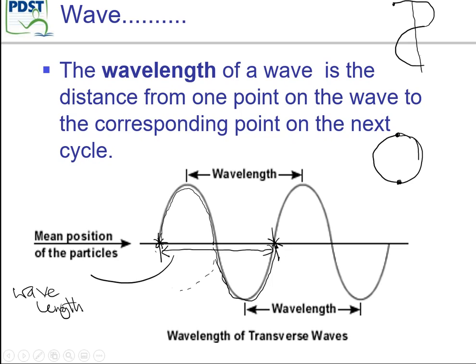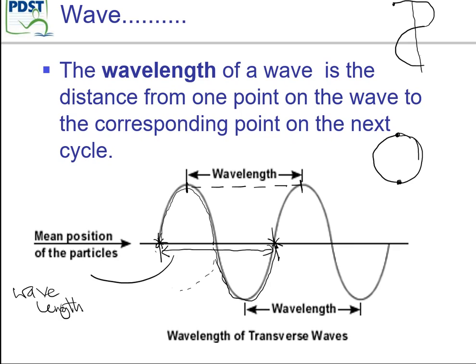So generally, the way we define a wavelength is that it is a distance from one point on the wave to the corresponding point on the next cycle. So if we take this point here, we need to go to the other cycle and find the corresponding point, the point which is exactly the same as the other point on the wave. And you can say, now this is my wavelength. Distance from one point on a wave to the corresponding point on the next wave.